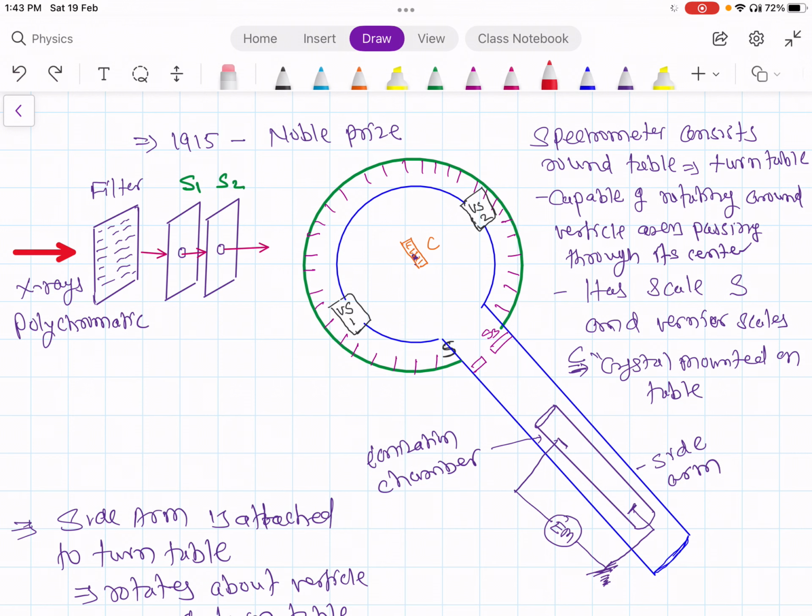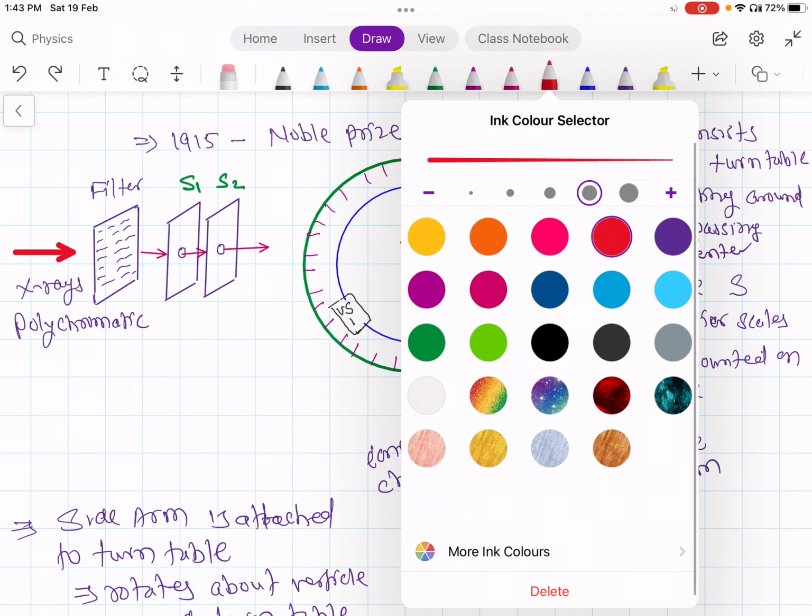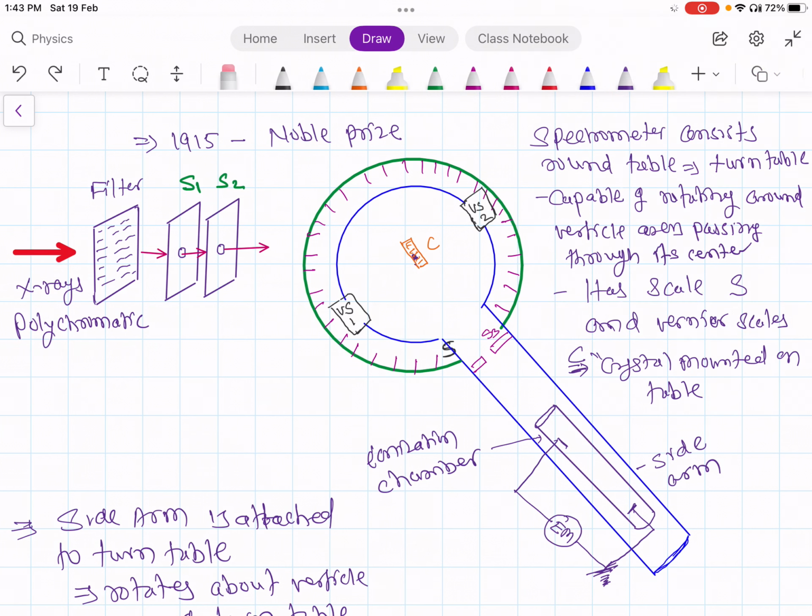This monochromatic X-ray is incident on the crystal C with an angle.